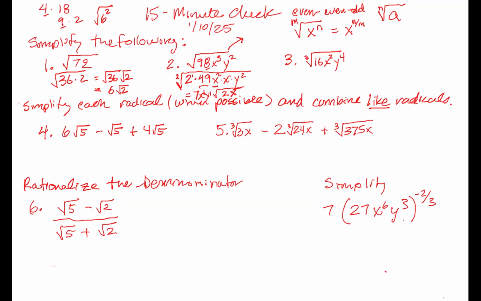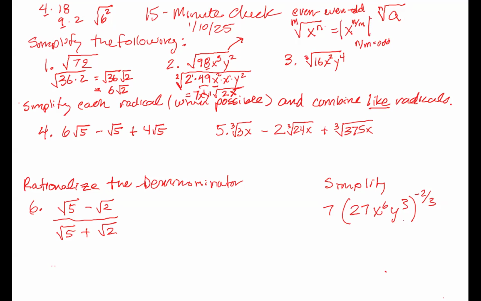If our index and our power are even, so if this is even and this is even, and then m divided by n is odd, so the outcome is odd, then we have to put an absolute value symbol around that.